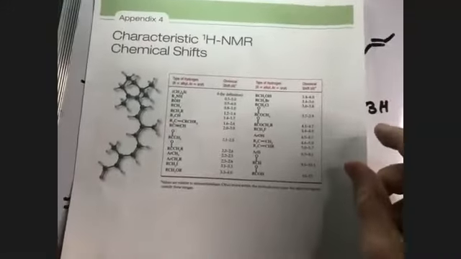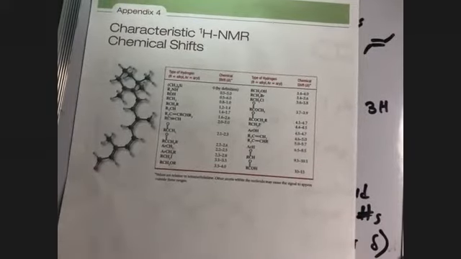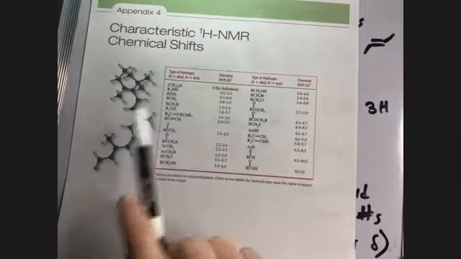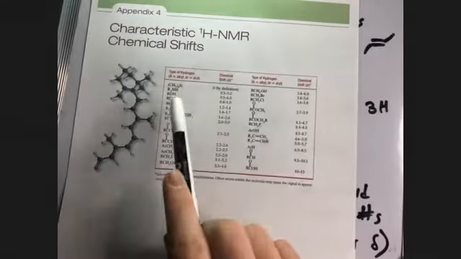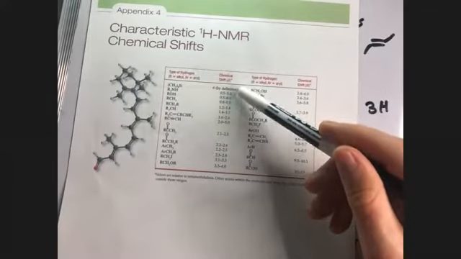On Appendix 4, you can't see this very well, kind of. It shows all the distinct chemical shifts. This is in your textbook, towards the back of the book. It shows the distinct chemical shifts for certain protons. So for instance, if we look at this, ignore the first two. Those are exchangeable protons. We have to talk about those. They can vary a lot, as you can see, it's 1/2 to 6.